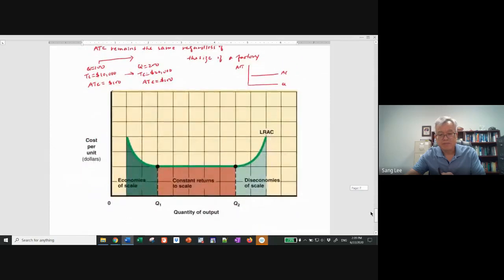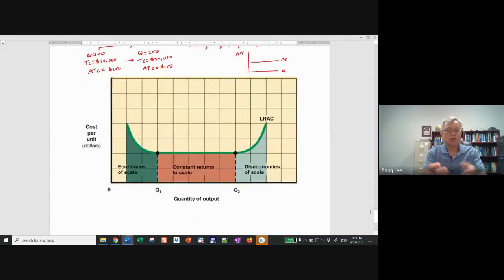Okay, now let me tell you one interesting story. More than 200 years ago, Adam Smith, referred to as the father of modern economics, wrote a very famous book titled The Wealth of Nations. And in his book, he talks a lot about economies of scale.